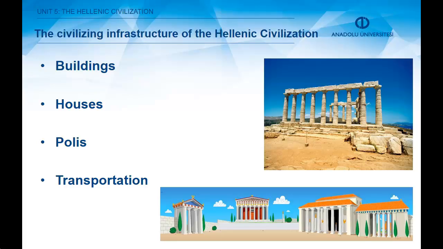As the final subtopic, we can give brief information about the infrastructure in the Hellenic civilization. In those years, city-states developed some temples and public buildings with agoras as the center of commerce and political meetings. And in those years, most of the houses were built from stone and clay, and the polis, the cities, were centered on a small town and the countryside that surrounded it.